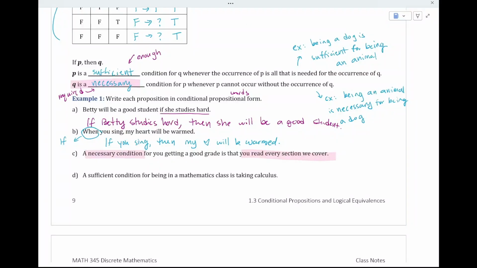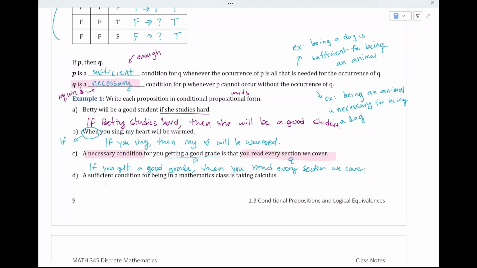So this is Q, and then getting a good grade is P. So if we rewrite this one, if you get a good grade, then you read every section we cover. Our textbook is actually quite readable, and I recommend that if you want to get a good grade, then you read every section we cover.